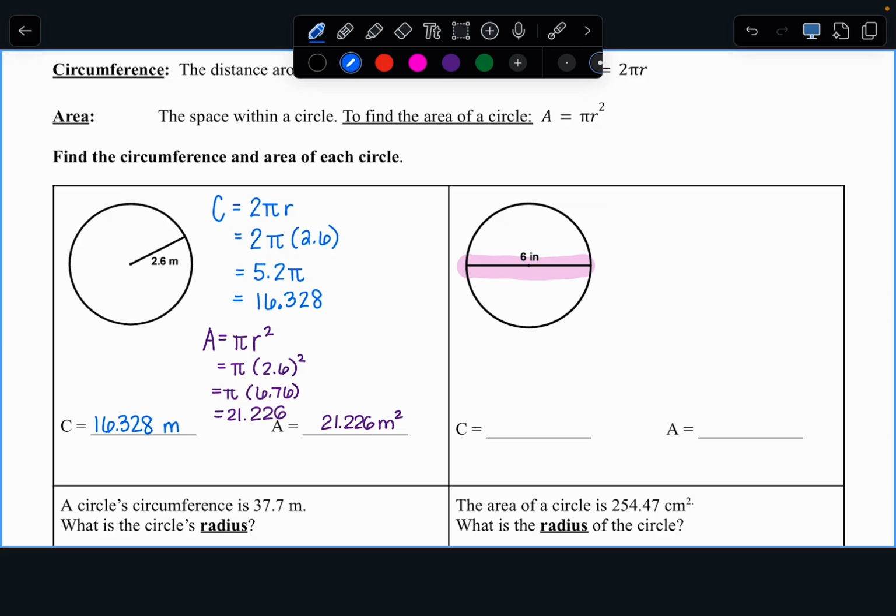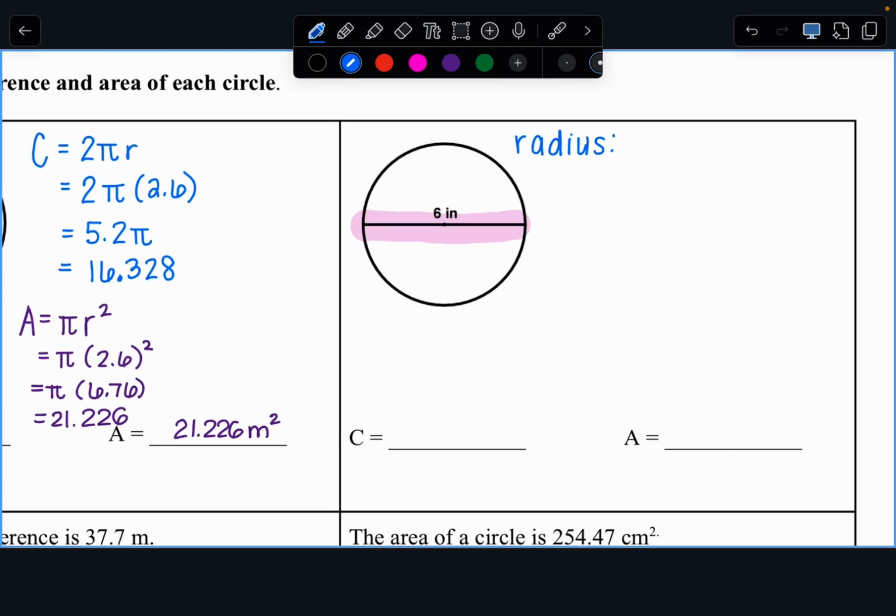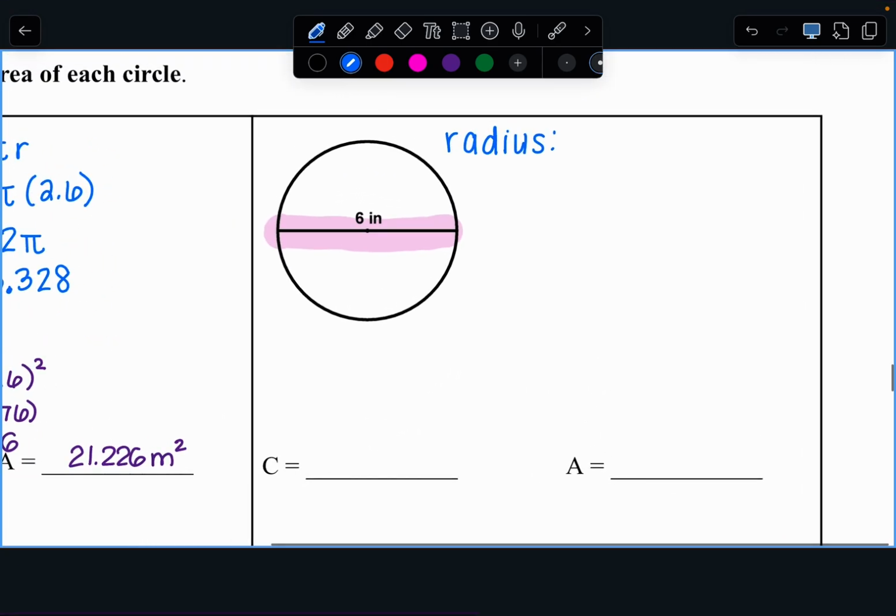Radius goes halfway. So what would our radius be for this one if its radius is halfway across? Radius, which is r, would be 3 inches, because that's halfway across. Okay?